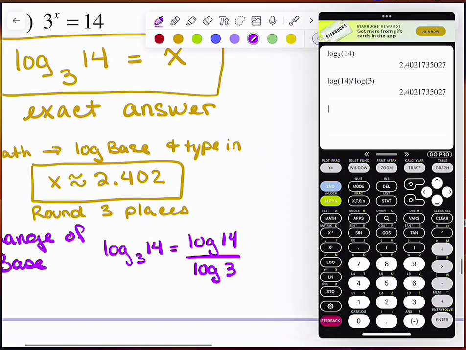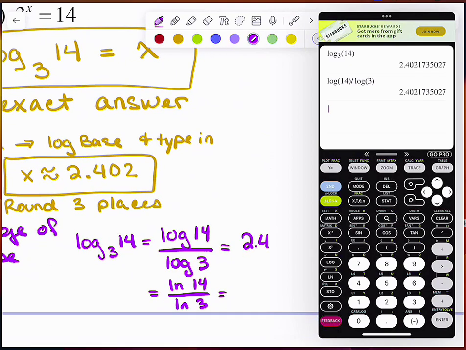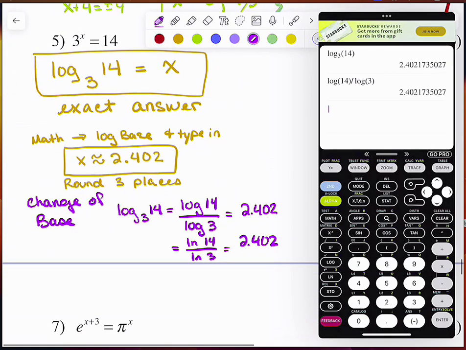Or if you want to, you could also use natural log of 14 and natural log of 3. All of those equal 2.402. Does this make sense? Okay, so on a calculator test, you could round it 3 decimal places. If it's not calculator, I'll say leave an exact answer. You leave the log. It's like leaving a square root.